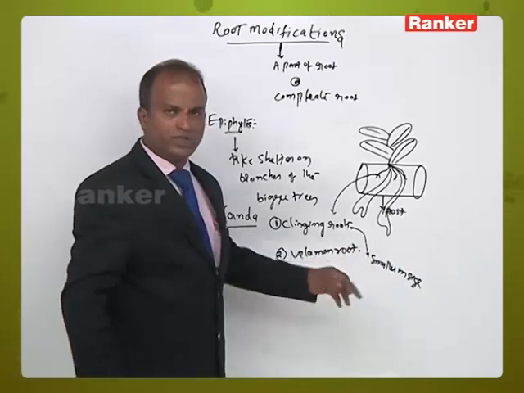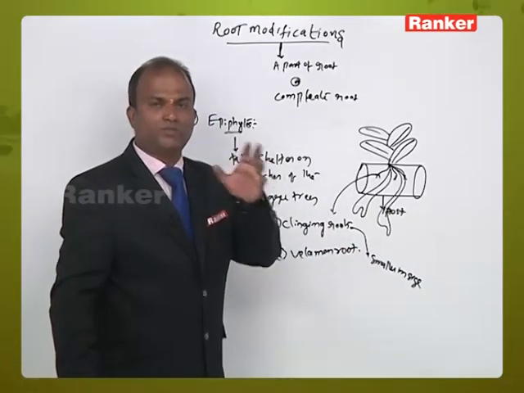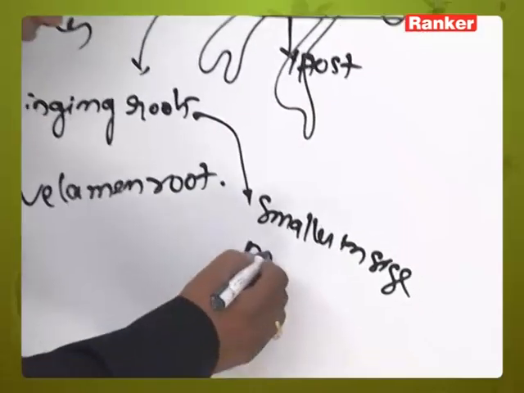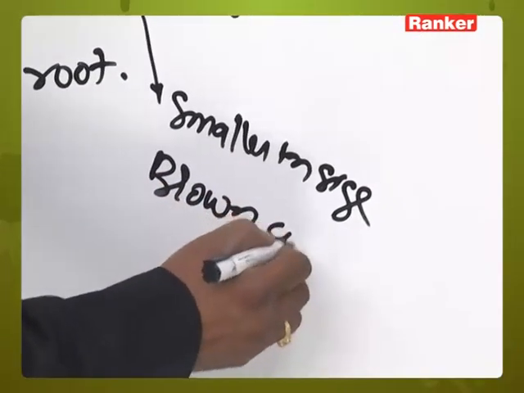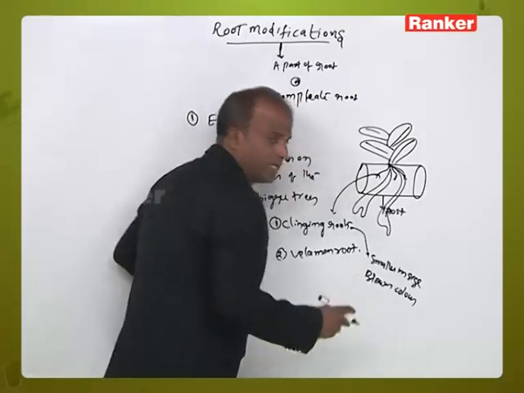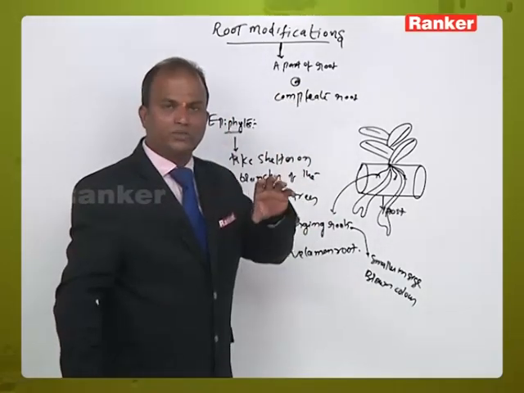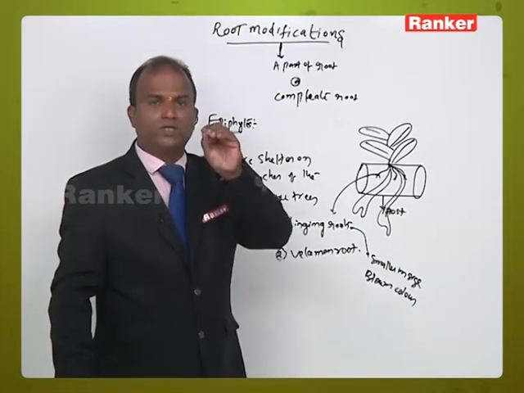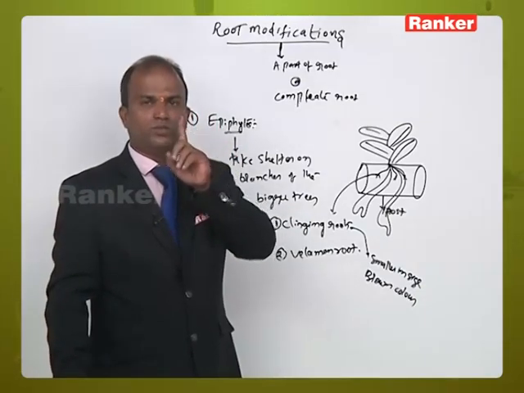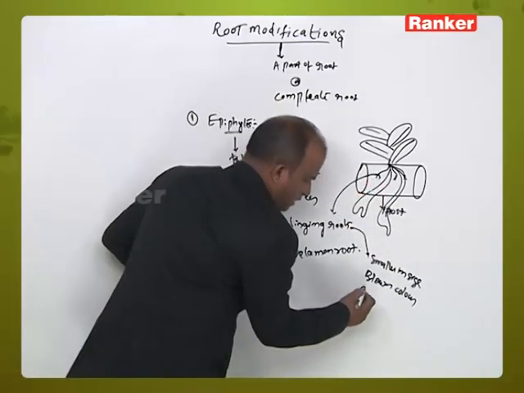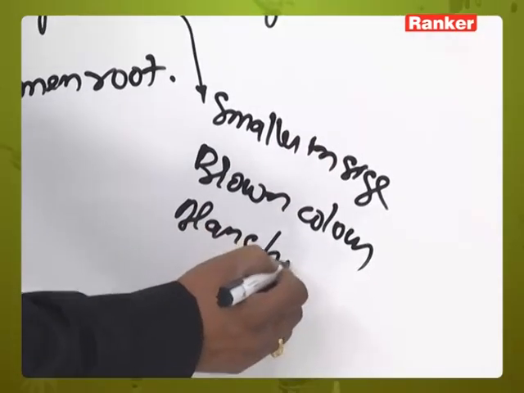Whether these roots are green in color or brown in color: they are brown in color. Whether they are branched or unbranched: these clinging roots show branching.